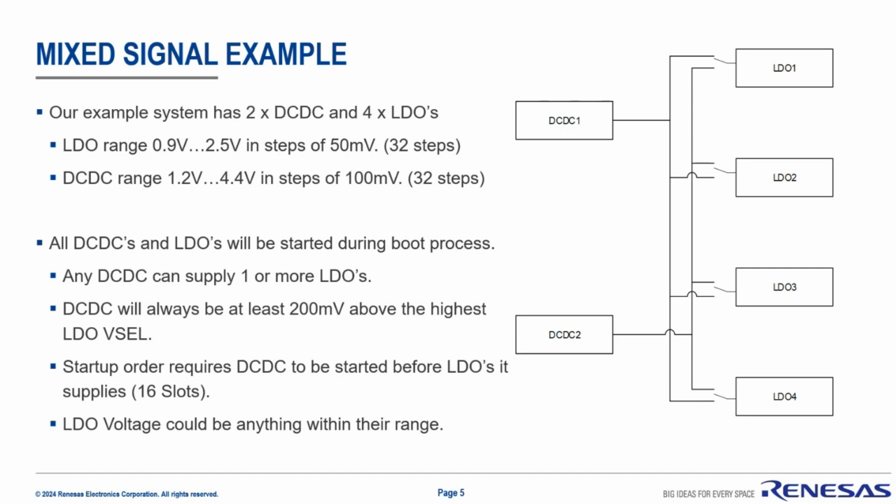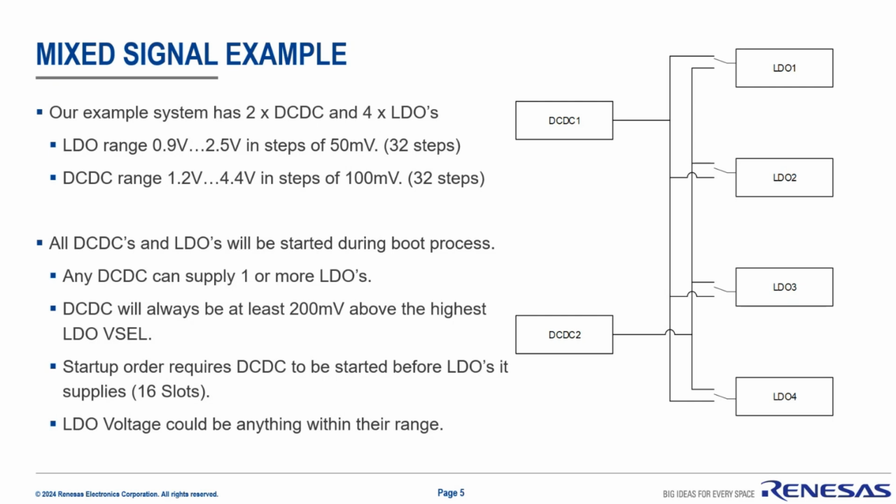The buck converters also have 32 steps, 1.2 to 4.4 volts, and those supply the regulators. They're all going to be started up during the chip boot up process, and any DC to DC can supply one or more LDOs with this sort of switch mechanism here. Each one of these LDOs can choose who is going to provide it with power.